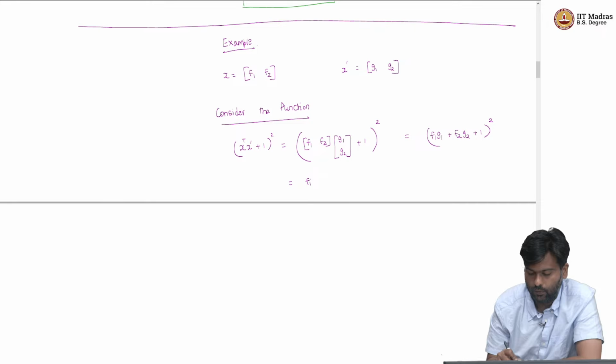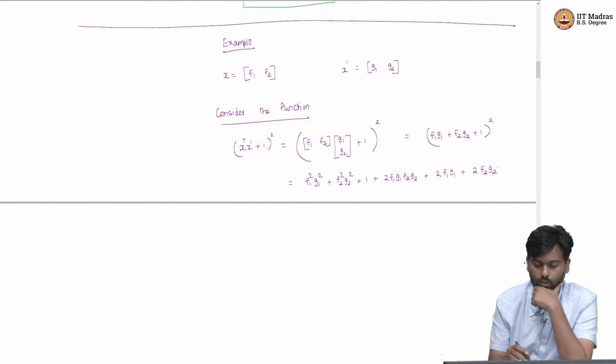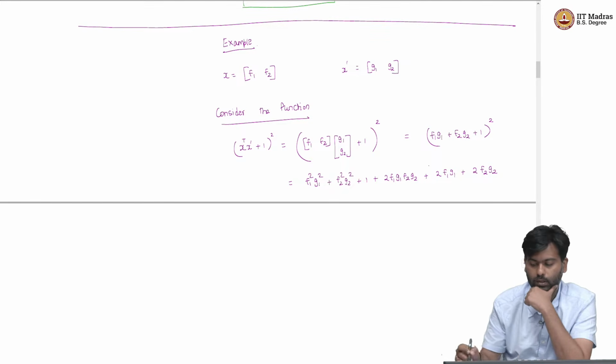That is f1 squared g1 squared plus f2 squared g2 squared plus 1 plus 2 f1 g1 f2 g2 plus 2 f1 g1 plus 2 f2 g2. So x is (f1, f2), x prime is (g1, g2), and (x transpose x prime plus 1) squared is this complicated looking thing.